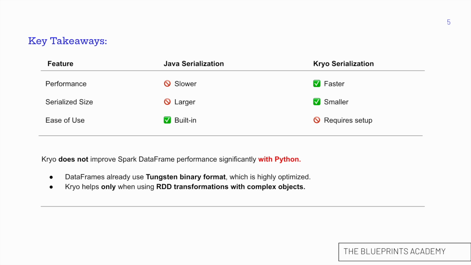But if you are working with RDDs, and you're not converting your RDDs into data frames, then Kryo serialization might help. Still, I highly recommend that if you are using Scala and Spark as a combination for your development, use Kryo serialization. But if you are with Python or PySpark, keep using the default serialization, which is Tungsten in this case, and it's going to be more efficient.